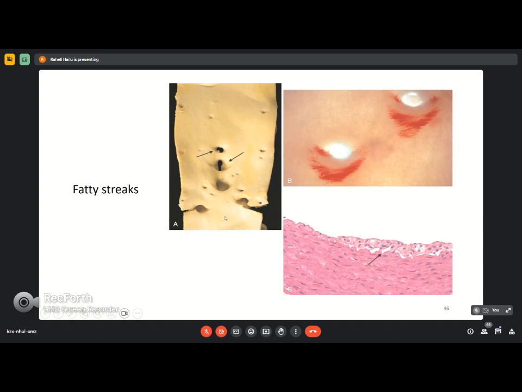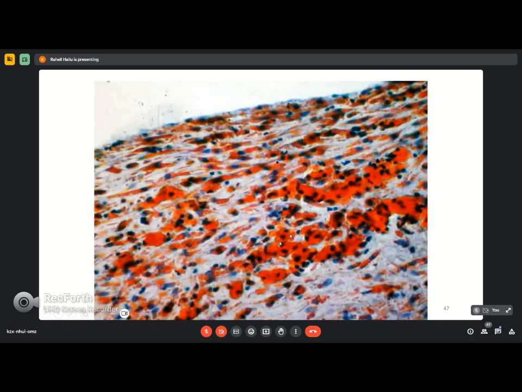They are relatively small lesions, and they form flat surfaces. These are the foamy histiocytes that you see beneath this very thin layer of the endothelial surface. So morphologically, they are flat lesions.